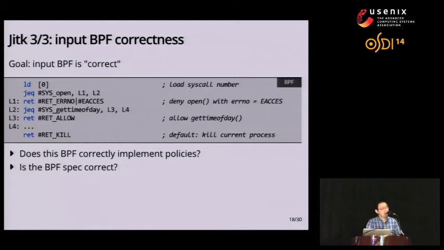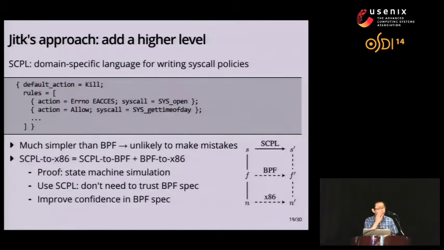We address this problem by defining a new higher-level domain-specific language for writing system call policies, called SCPL. You can see this language has the same functionality as the BPF program I just showed, but it's way simpler and cleaner. We believe in this case it's much more unlikely for programmers to make mistakes.